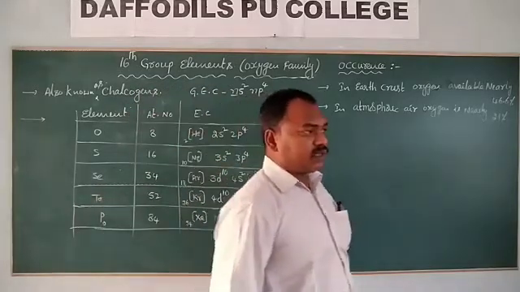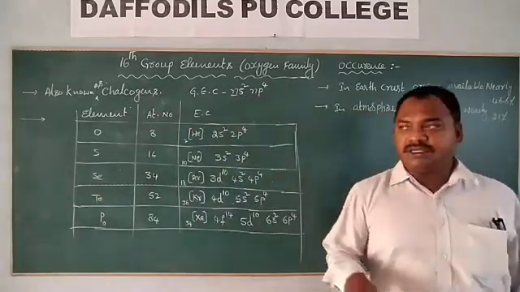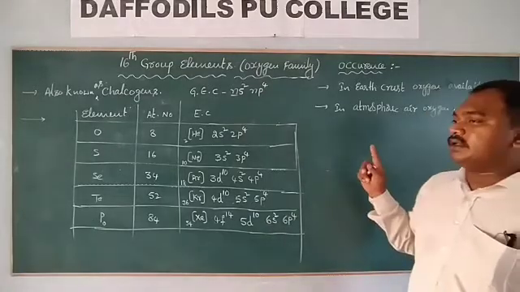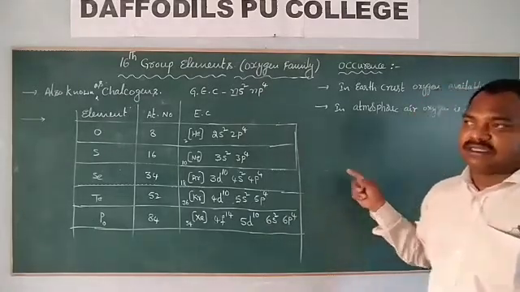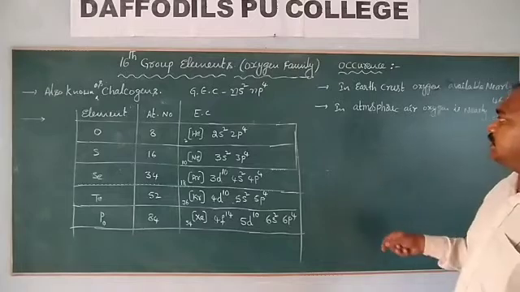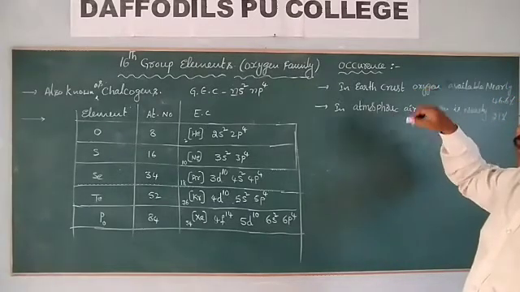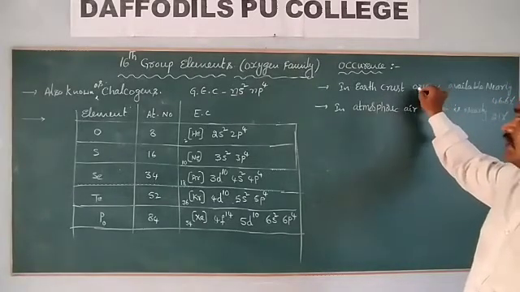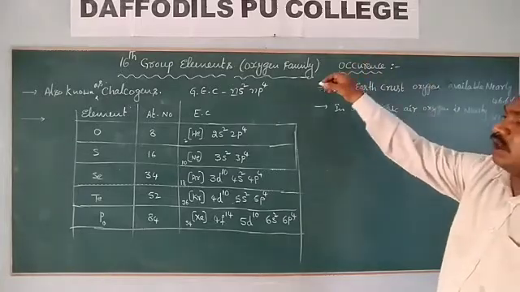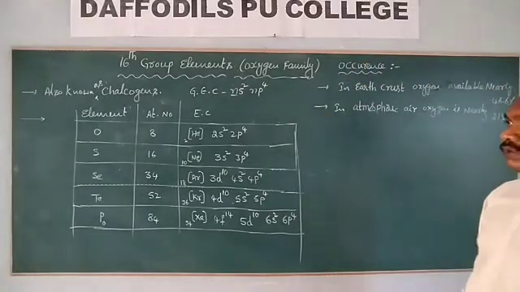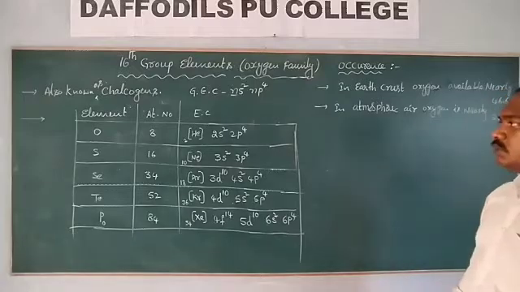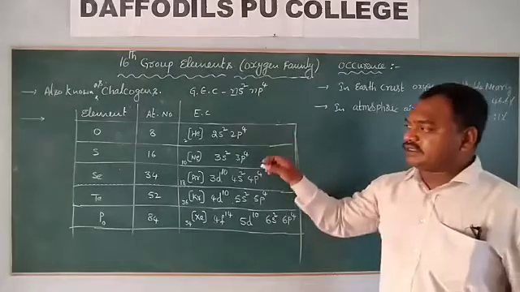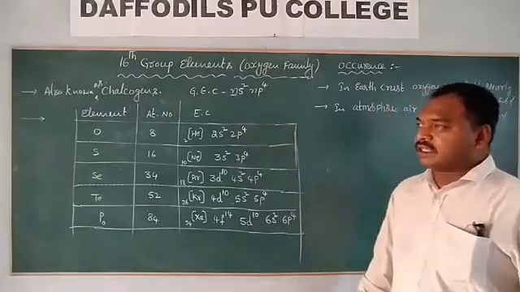Oxygen is the most abundant element in the earth's crust. In the earth's crust, oxygen is available in the form of its oxides. All these elements form ores, in the form of their oxides or their sulfides.